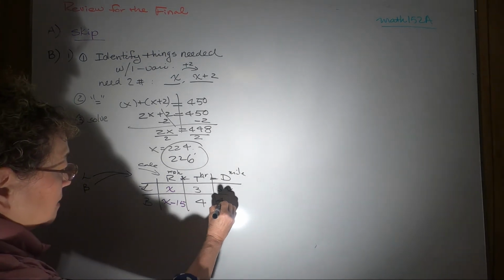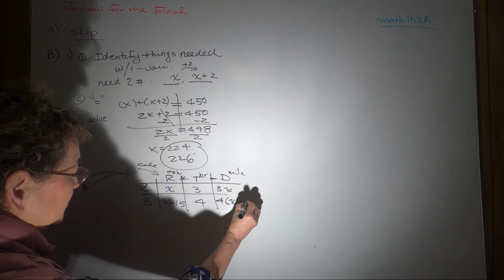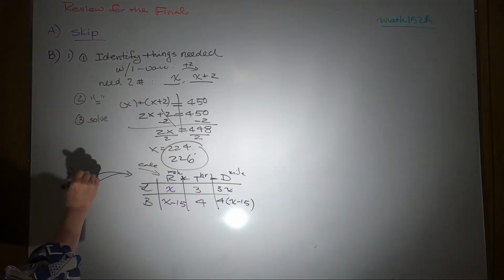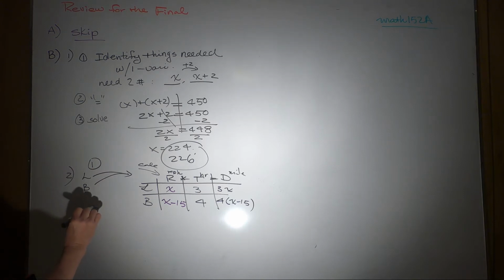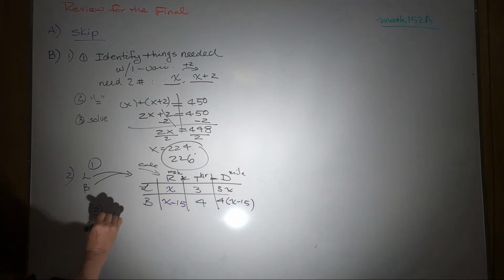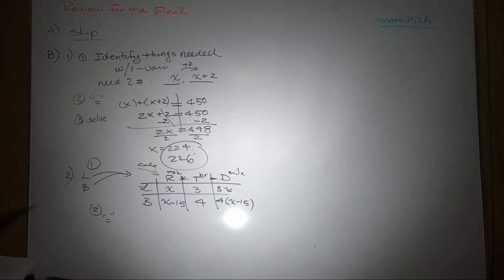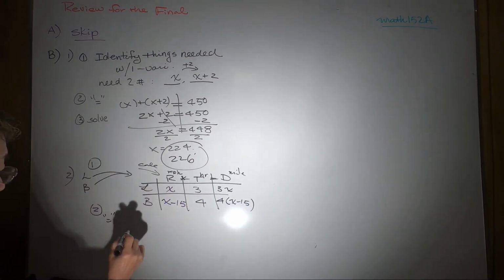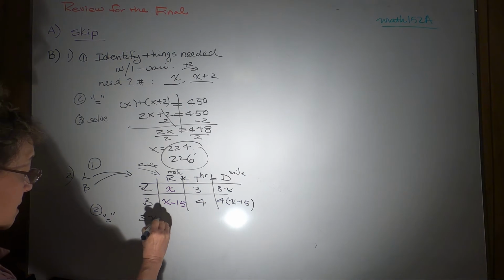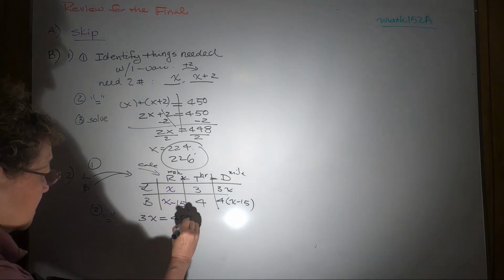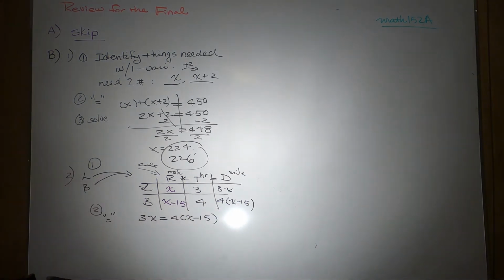Here would be what? 4 times x minus 15. So the first step, you write your table for the third problem, right? Then second step, we write our equation. We must have something the same, the distance, right? So you do 3x equals what? 4 times x minus 15, right?